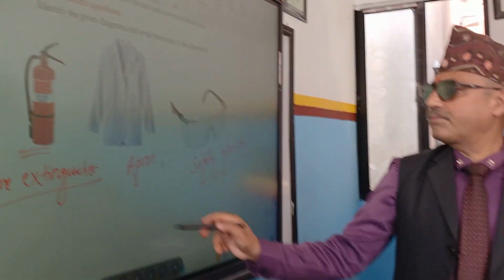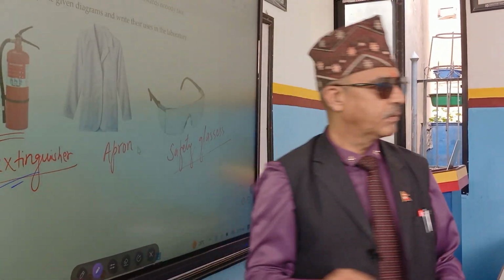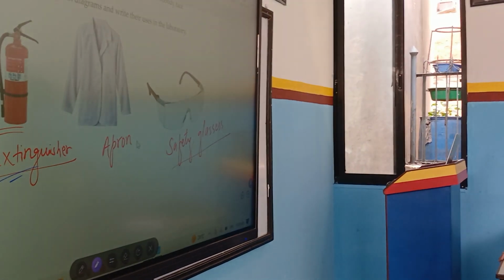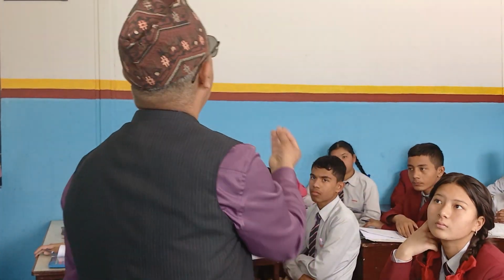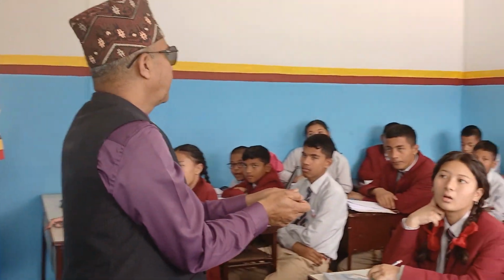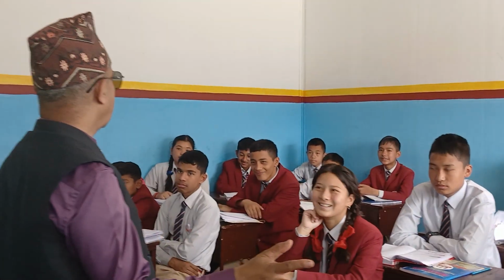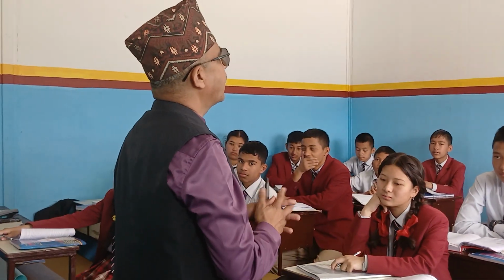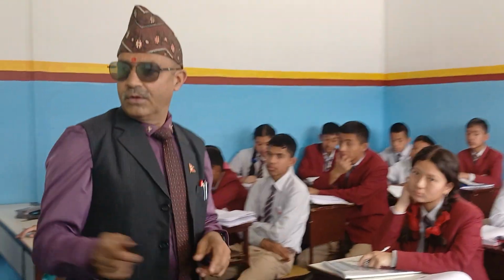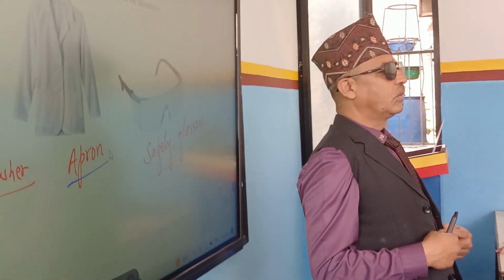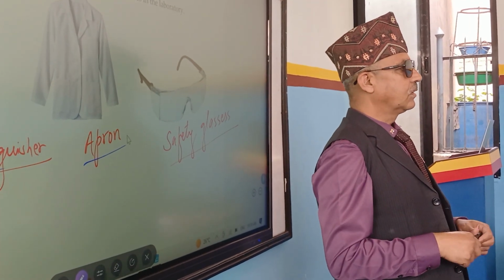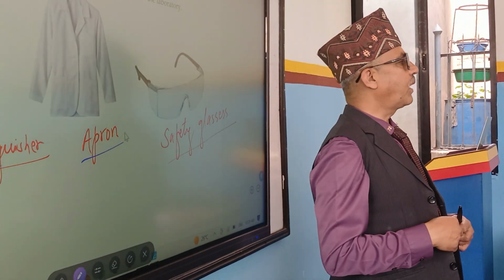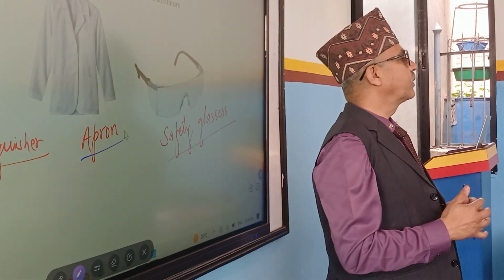Why is a fire extinguisher used? To put out the fire. Sometimes while doing an experiment, there may be production of fire or something may burn. Immediately what to apply? There is carbon dioxide gas, so the fire cannot spread. What is the second one? Apron. It is like an outer covering, like a coat, so that our internal clothes do not become dirty.